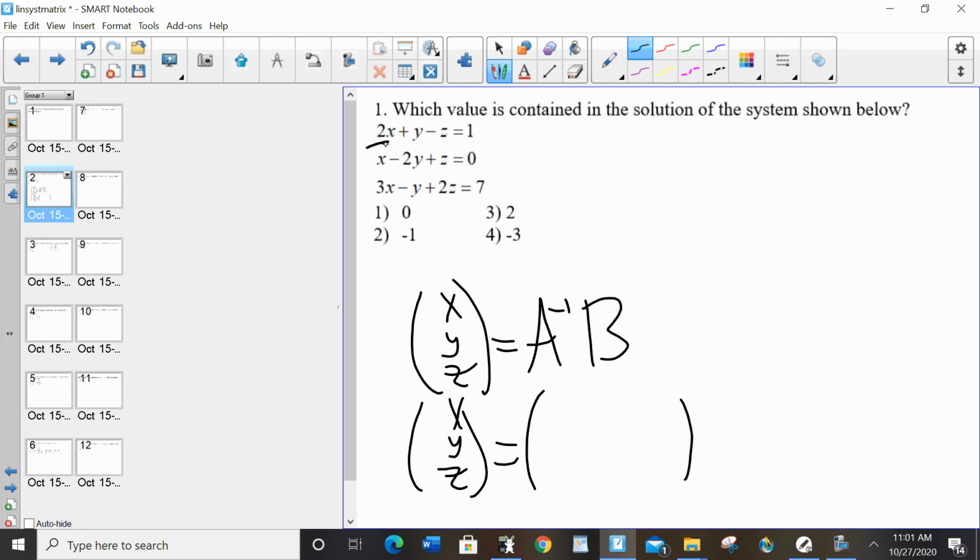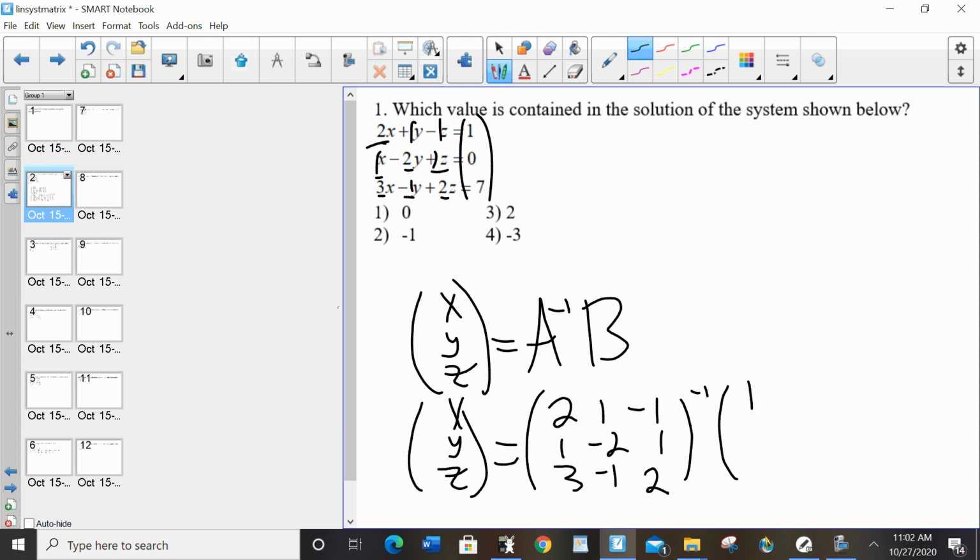So 2, 1, negative 1, 1, negative 2, 1, 3, negative 1, 2. Inverse. B is the right-hand side of the equations, 1, 0, 7.